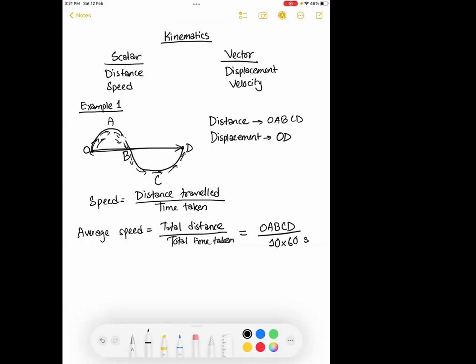So you might be asked, what is the definition of velocity? Then what would you write? It's the rate of change of displacement. Yes, very good. Rate of change of displacement of an object.